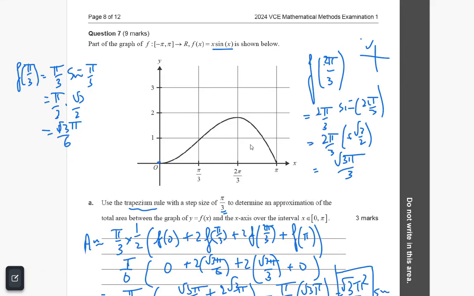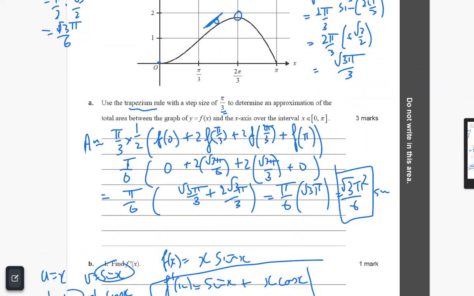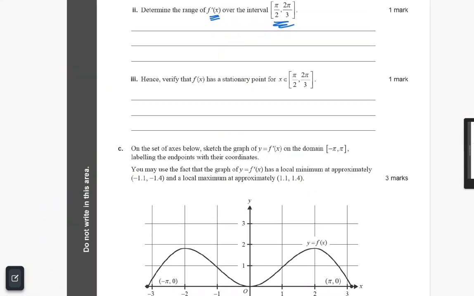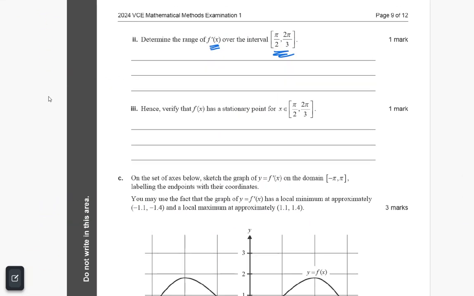From pi on 2 to 2 pi on 3, from about there to there. So it's going to be very steep. It's going to get less steep. Okay, so my derivative is f dash of x equals sine of x plus x cos of x.